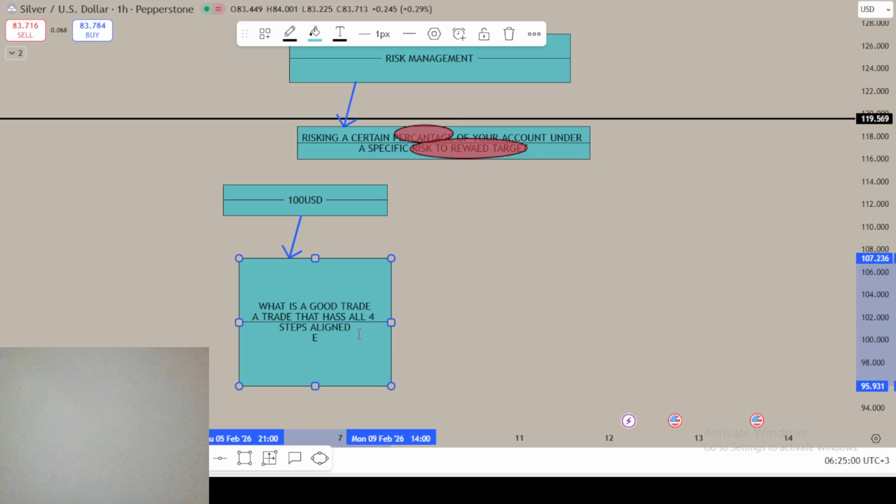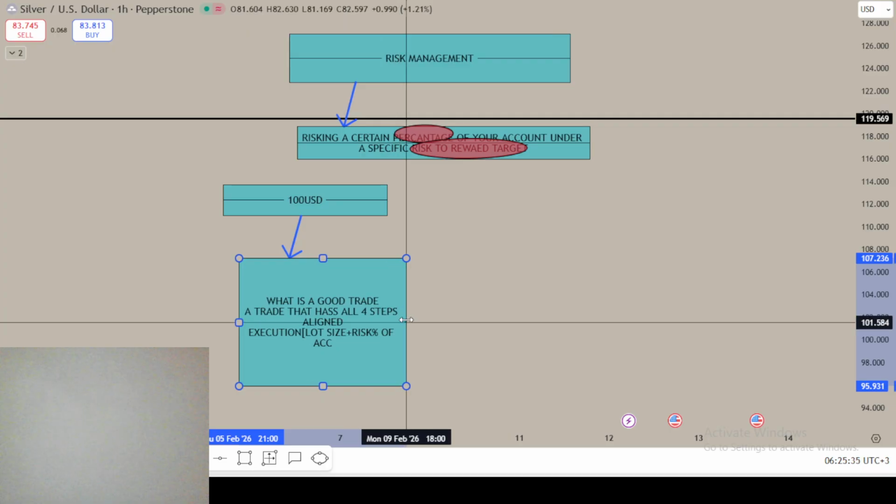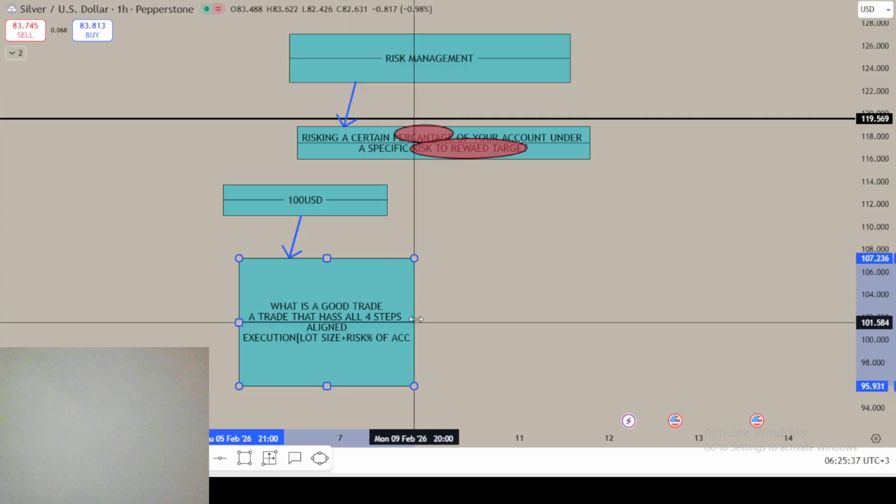We have execution, which is important, which is intertwined with lot size, which is directly correlated with risk percentage of the account. That is the first thing, risk percentage of the account.